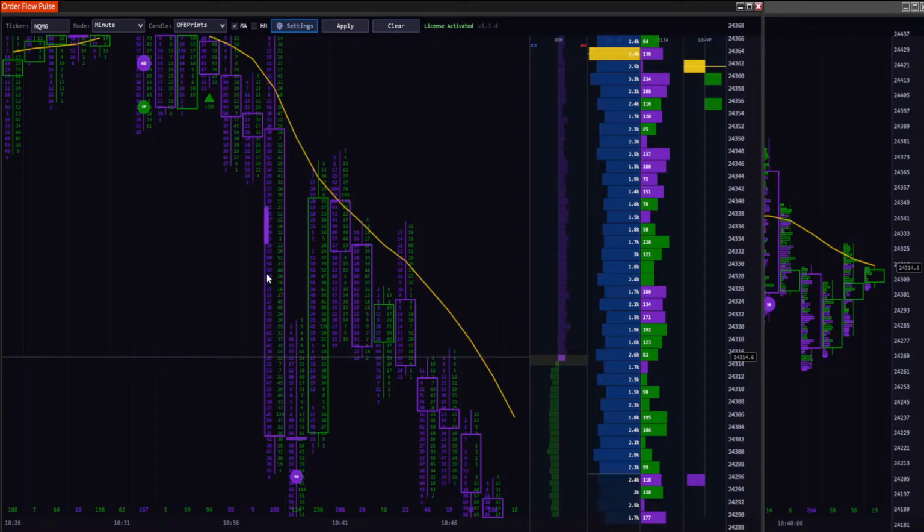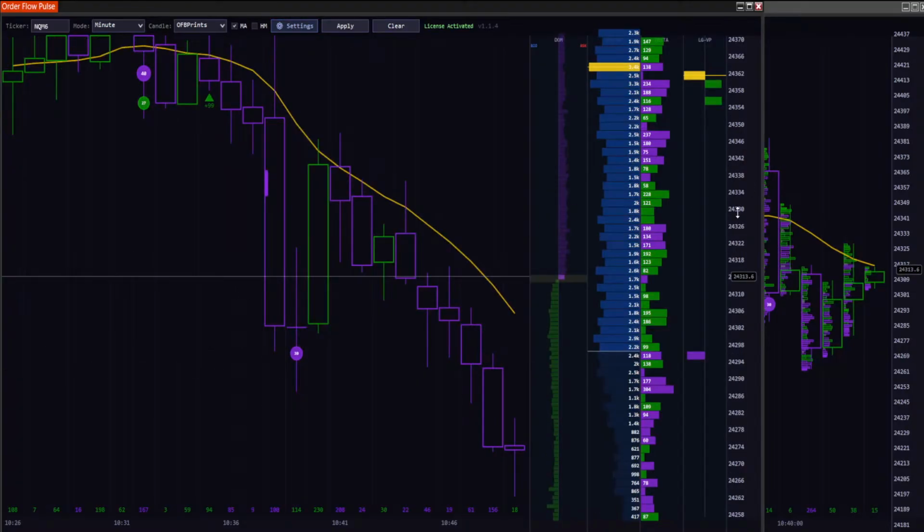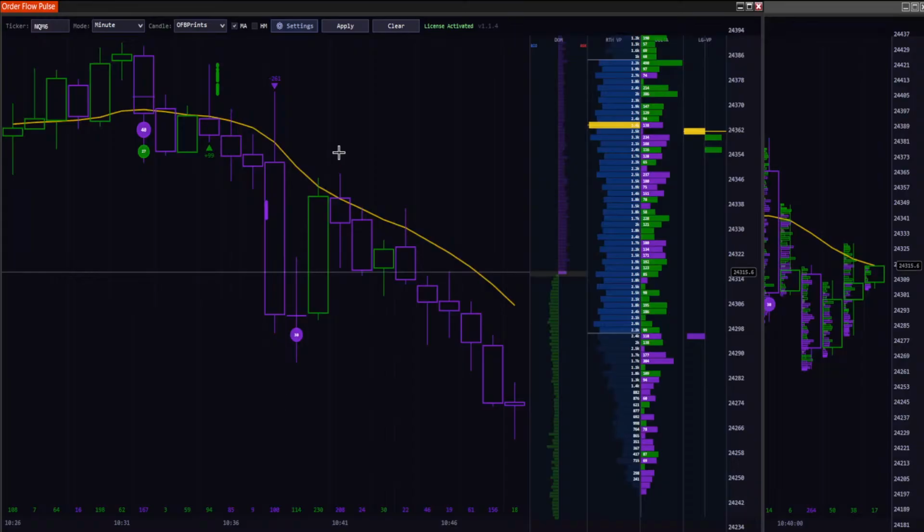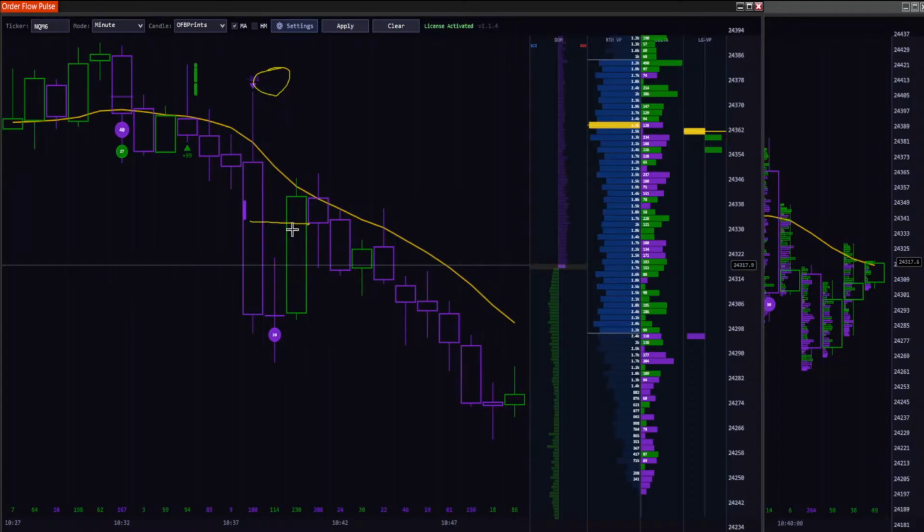So a surge of volume can tell you a lot. We had a delta surge of 261. That is pretty significant for what we've been doing all day. Okay, so when you see something like that, something is up. Okay, something is up.